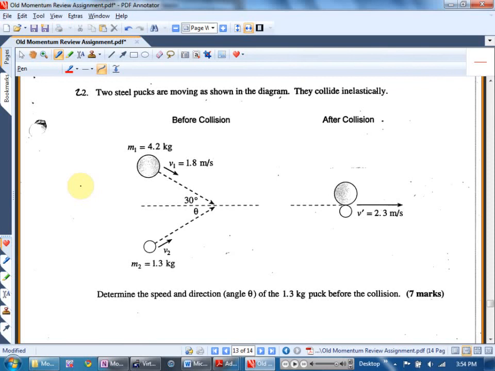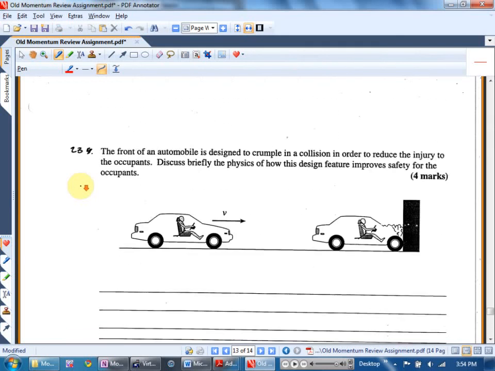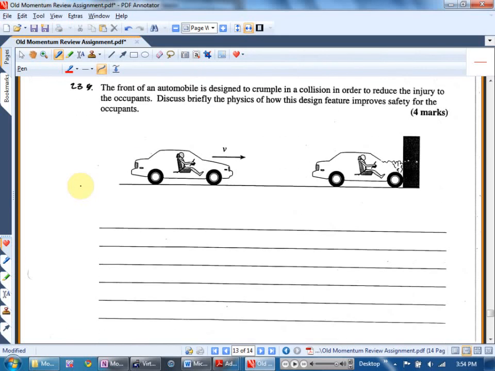The front of an automobile is designed to crumple in a collision in order to reduce the injury to the occupants using principles of physics. Tell me what the principles of physics are that help this work. Why does this improve safety? Ian. Yep. In fact, it's exactly the same as my baseball bat.